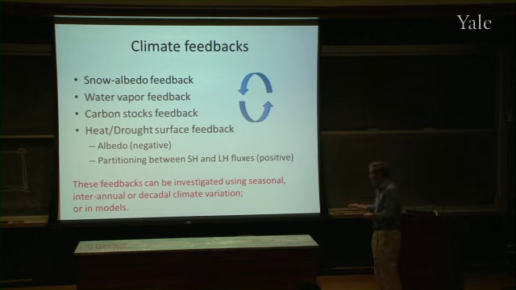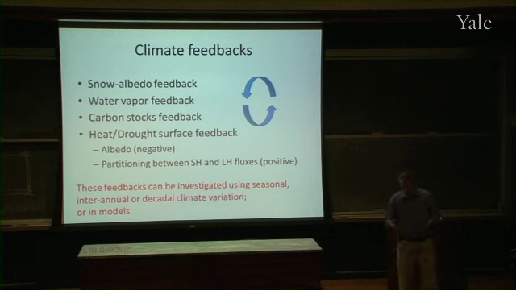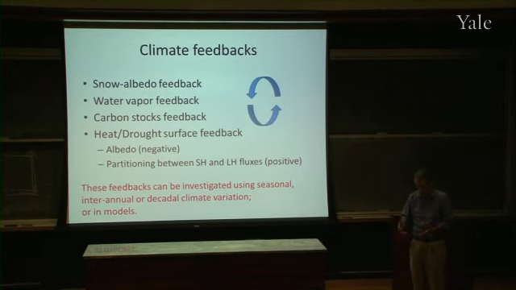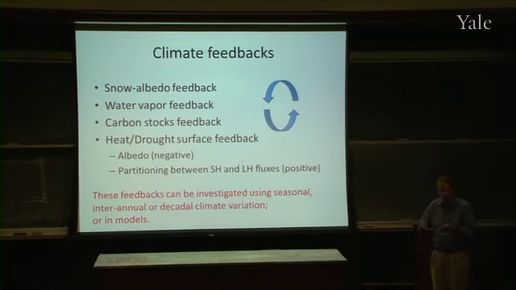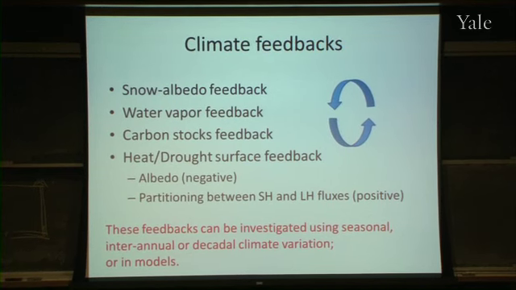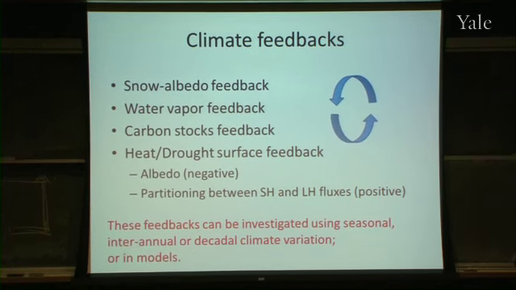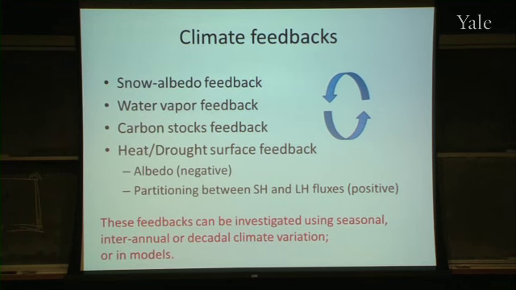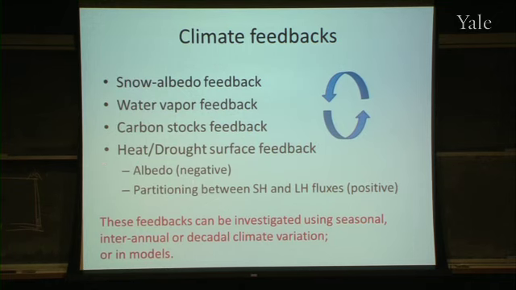On a longer time scale, a carbon stocks feedback where a warmer climate will drive CO2 out of the oceans, maybe drive CO2 sequestered in permafrost out of the land surface into the atmosphere, more CO2, more warming, warmer climate. Those are examples of positive feedbacks where the feedback loop increases the amplitude of the climate anomaly. The one I'll be talking about today is this last one, less well known than the others.